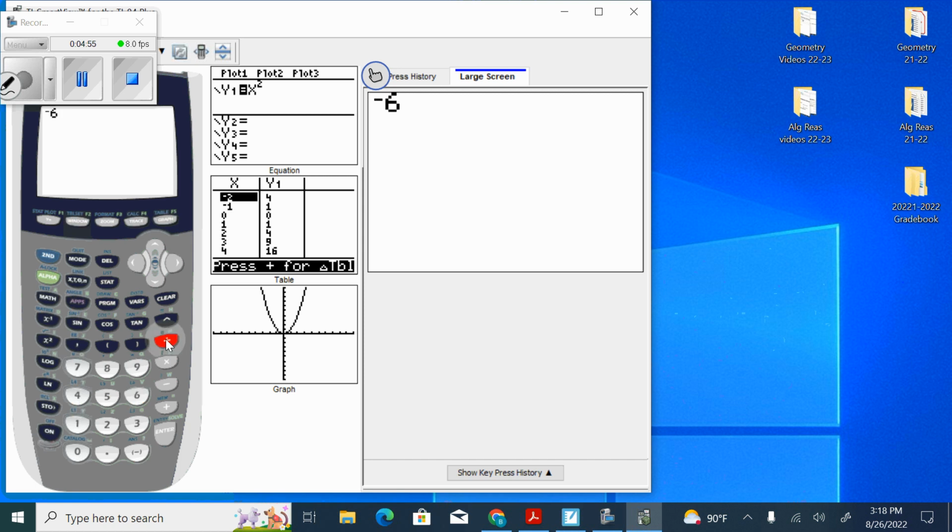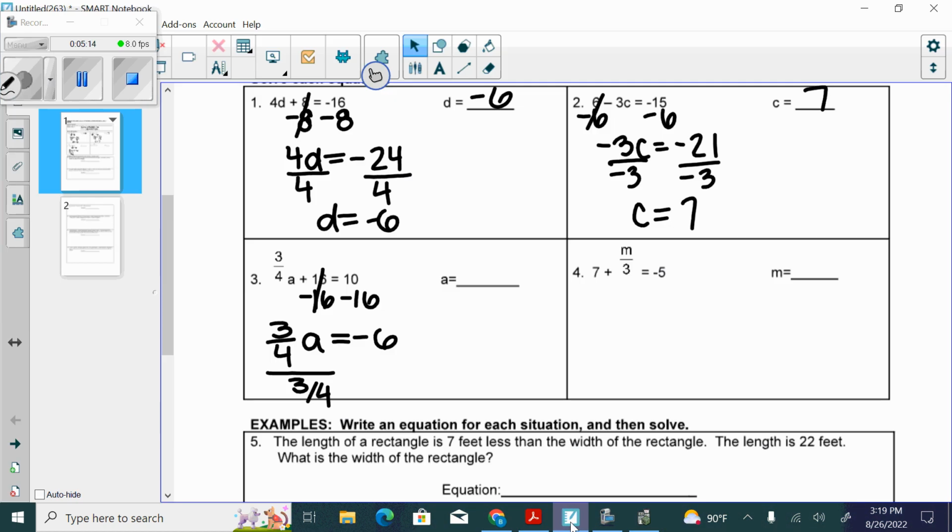Negative 6 divided by alpha y equals 3/4. Okay. And what would that give us? Negative. There you go. Okay. So anytime you put a fraction in the calculator, make sure you use that alpha y equals key. So we do end up with A equals negative 8.